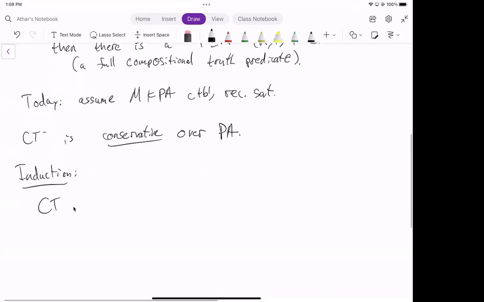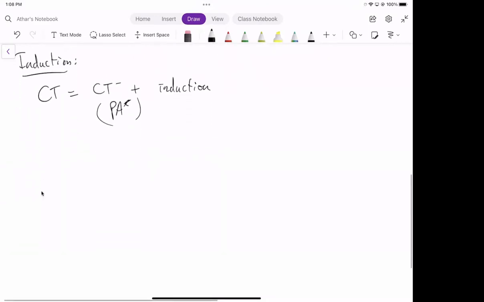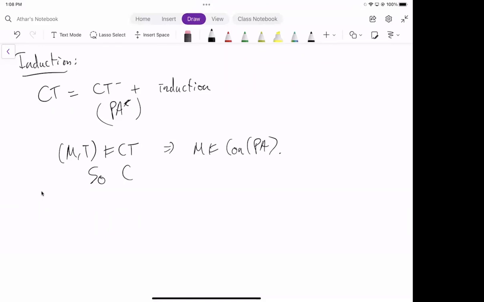CT is the theory CT minus plus induction in the expanded language. In other words, it's CT minus plus PA star in the expanded language. It is essentially an exercise that if you have a model of CT, a full compositional truth, then the model must think that Con(PA) is true. And so CT is not conservative.